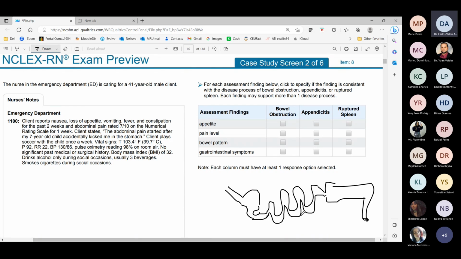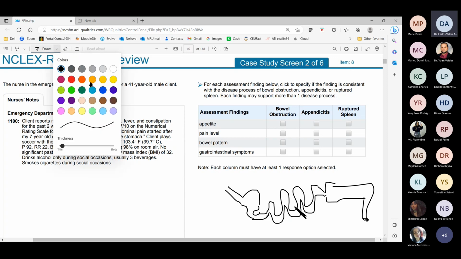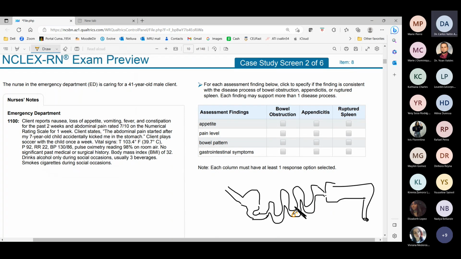Sometimes something produces an obstruction here. When there is obstruction here, the liquid that the intestine normally produces builds up and cannot pass.